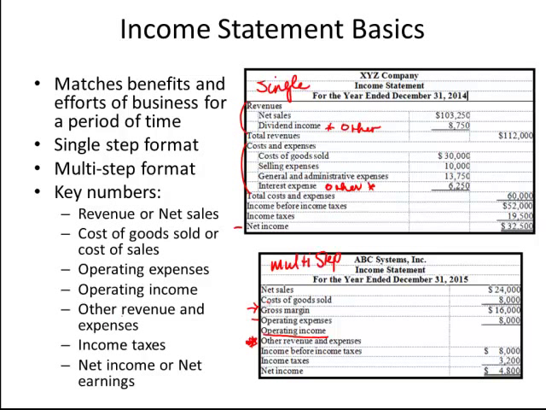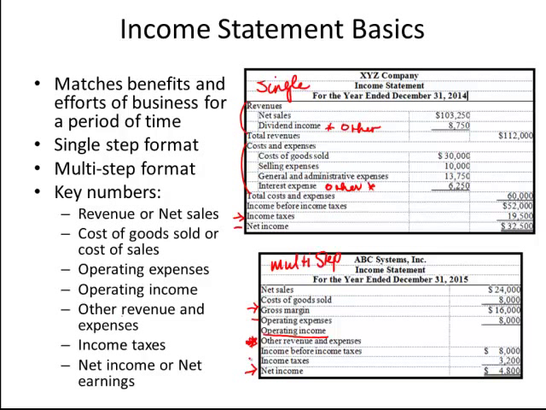So when I look at other revenue and expenses, I expect to see interest income, interest expense, and other types of income that are not typical on a day-to-day basis for the business. Remember, we'll always subtract out our income tax expense to get our net income.